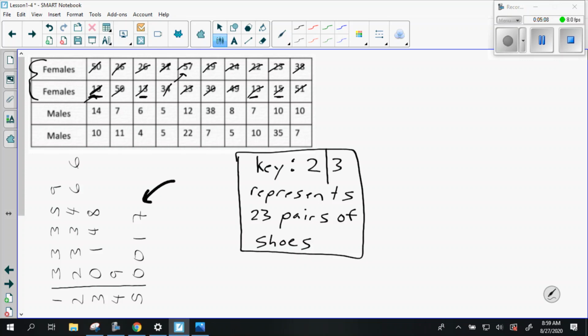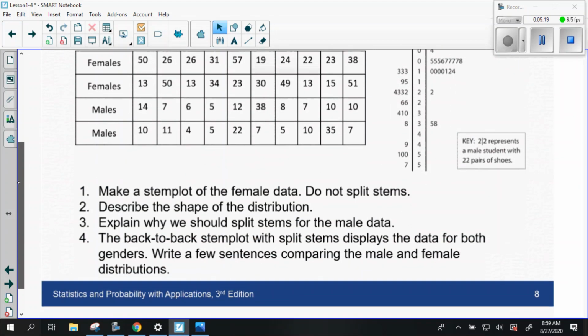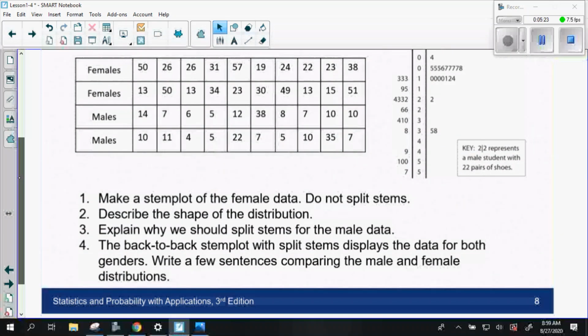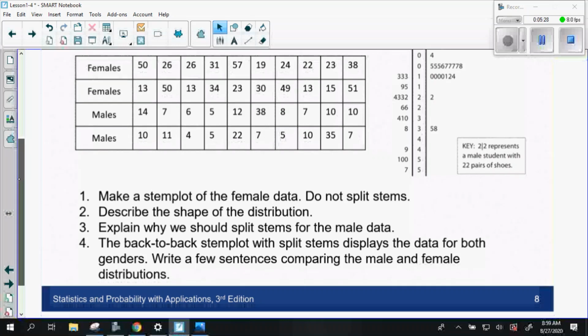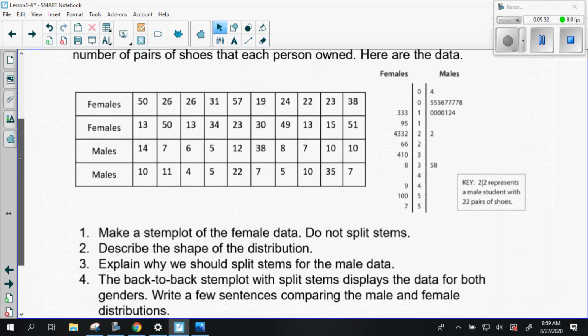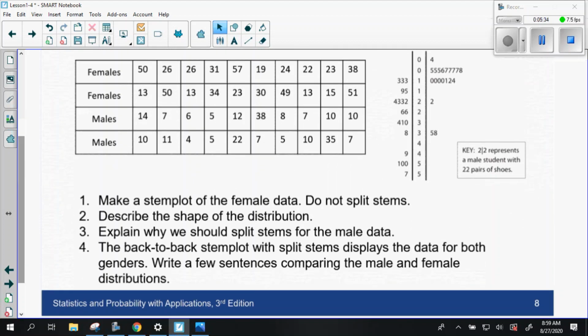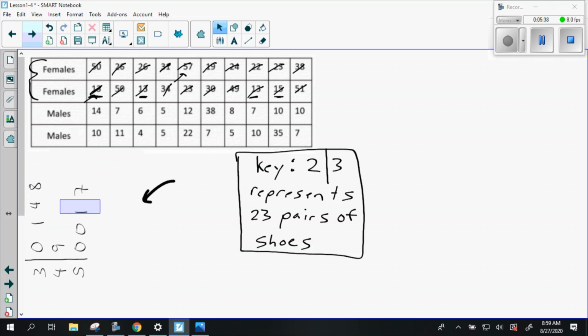All right, let's look at what we've got to do next. The next thing we're going to be asked to do is to explain why we should split the stems for the male data. Actually, what I want to do is make the stem plot without splitting the stems, and then split the stems for you guys. Let's do that real quick. I'm going to take this female plot, rotate it back, and put it back where it was.